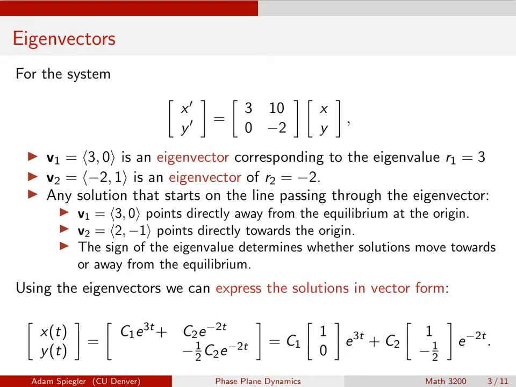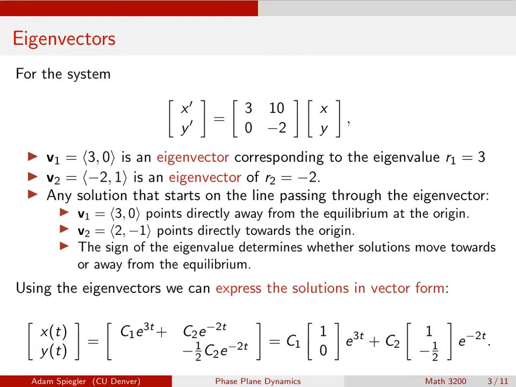Moreover, we can use these eigenvalues and eigenvectors to express a solution in what's called vector form. Here we had this general solution for x and y that we could write as x equals c1 e^(3t) plus c2 e^(-2t), and the solution for y was just -1/2 c2 e^(-2t).